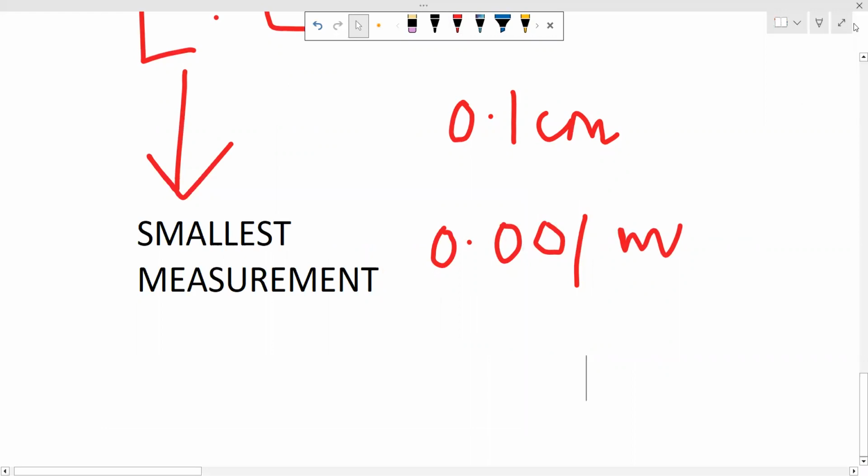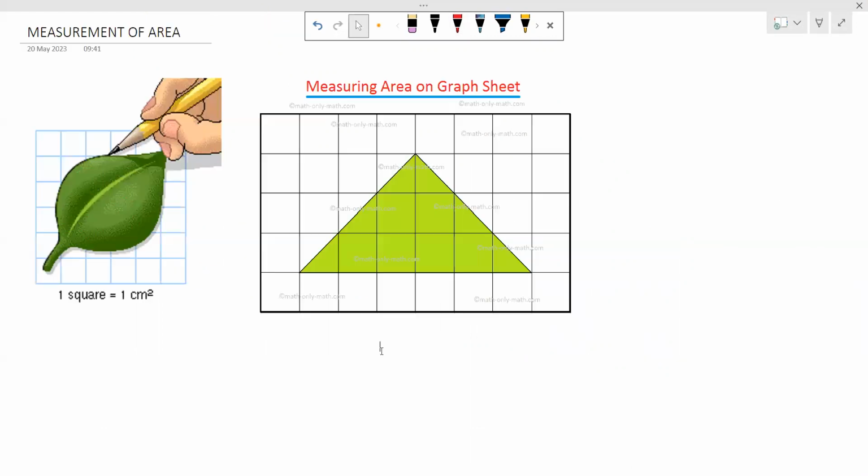Okay, now area. Length is over. We have measured length, now we have to measure area, the last part of today's class. What is area?